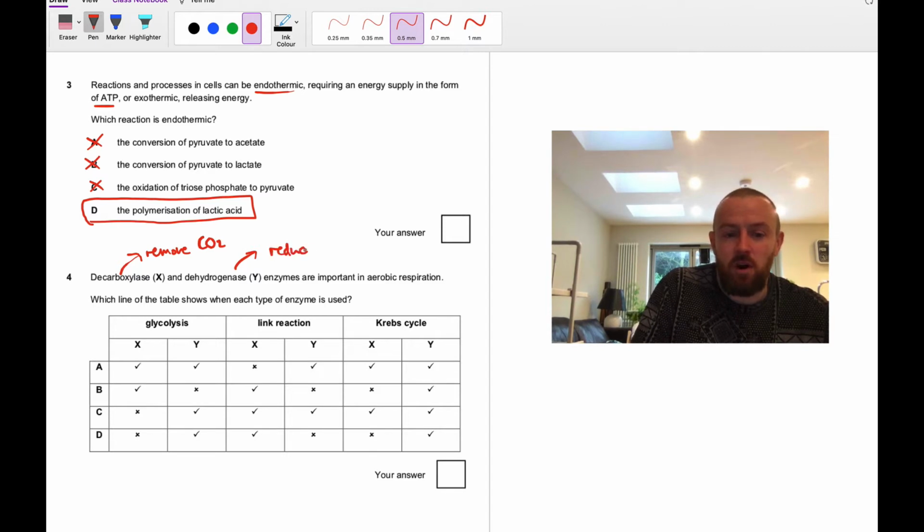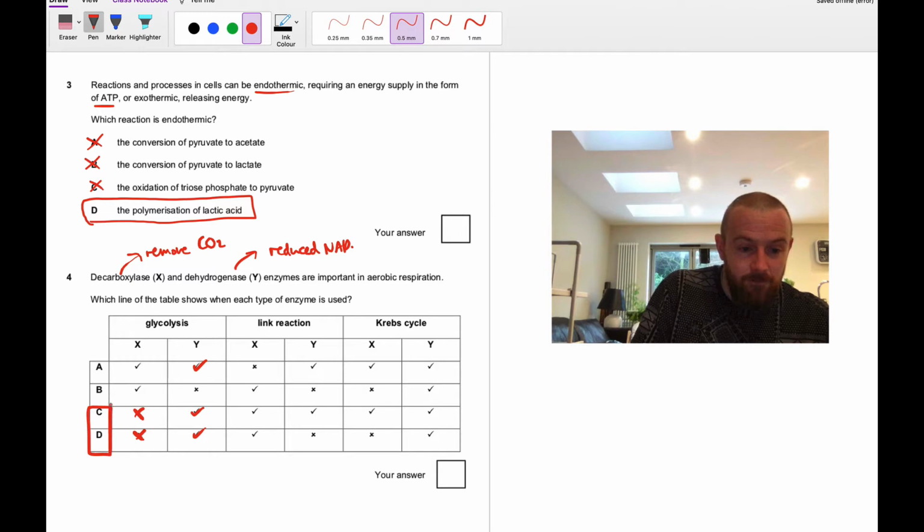So if we have reduced NAD, then dehydrogenase is involved. In glycolysis, we certainly have dehydrogenase, so this is true. And we don't actually remove CO2 in glycolysis. So we want one of these two, so we've already narrowed it down to C and D.